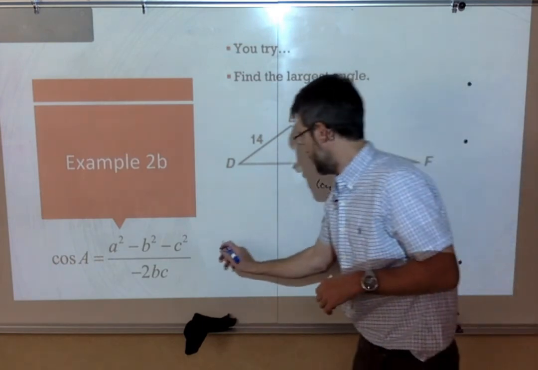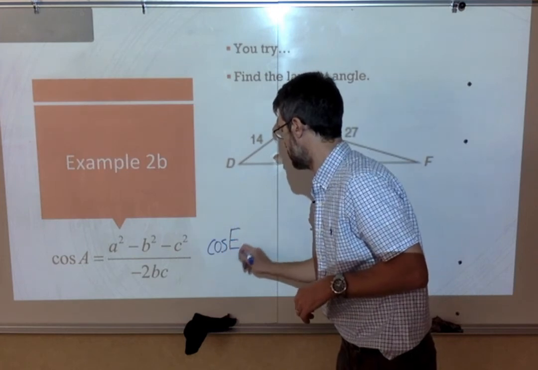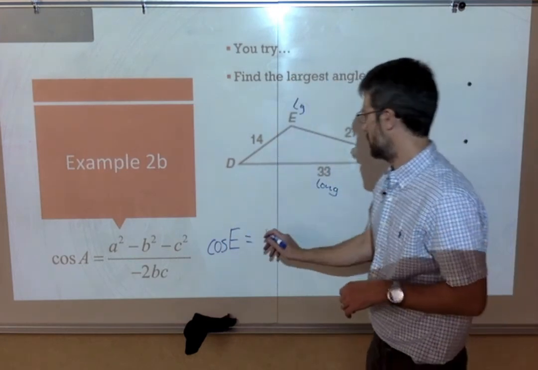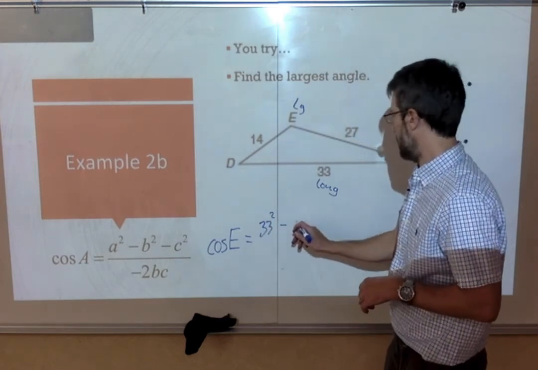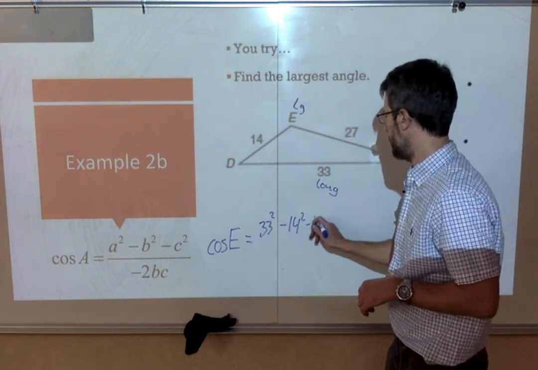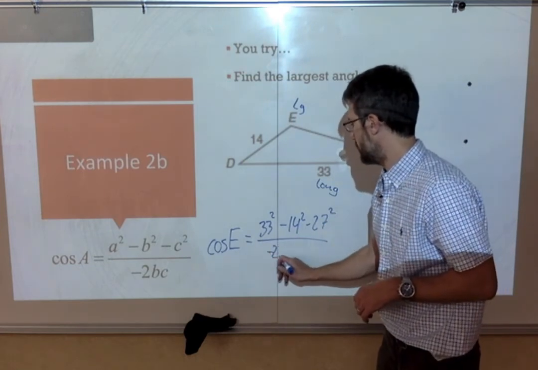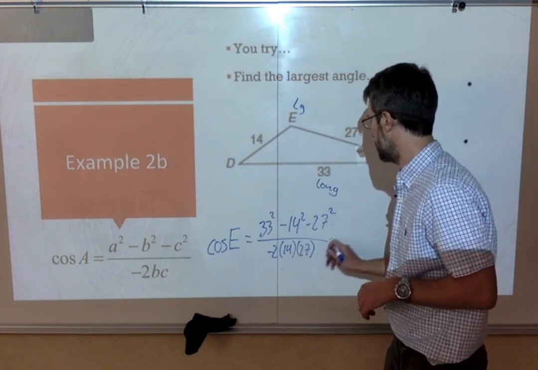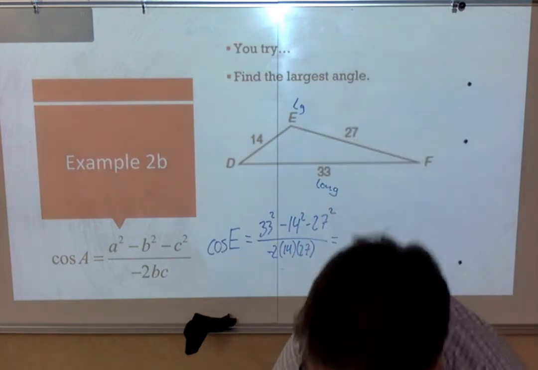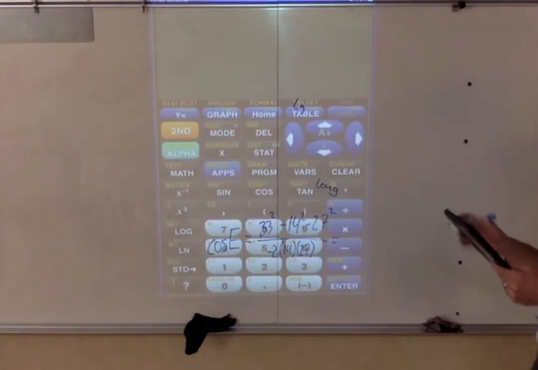All right, cosine of E is equal to 33 squared minus 14 squared minus 27 squared over negative 2 times 14 times 27. Let's plug those two things in separately, is my preferred method.